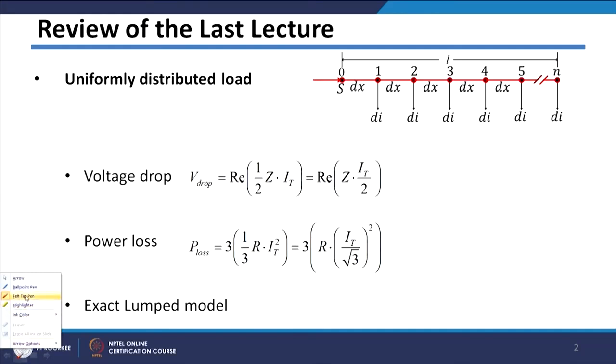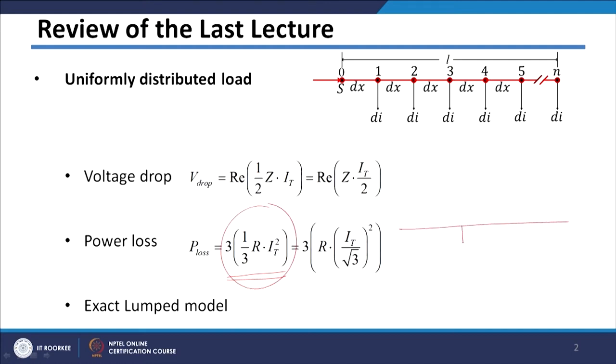So, in case of power loss, we can see that we have got these two equations. Power loss is 3 times 1/3 R into IT square. If you see this equation, we can lump total load for calculation of power loss at 1/3 distance, since it is 1/3 R. So, it will be 1/3 L, and the resistance of this particular part of the feeder will be 1/3 R, and total load lumped at this location will be IT.